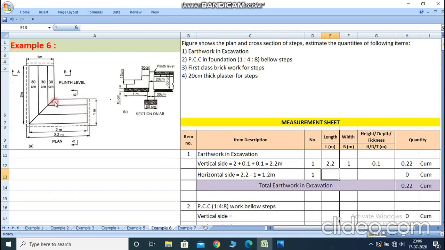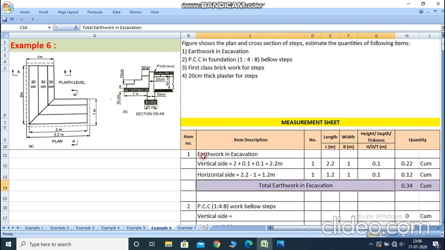So here the number is 1, and the length we calculated is 1.2 meter. Width is already given in the figure, so it's 1 meter. And the thickness, or height, for the excavation is already given as 10 centimeter, so here 0.1 meter.